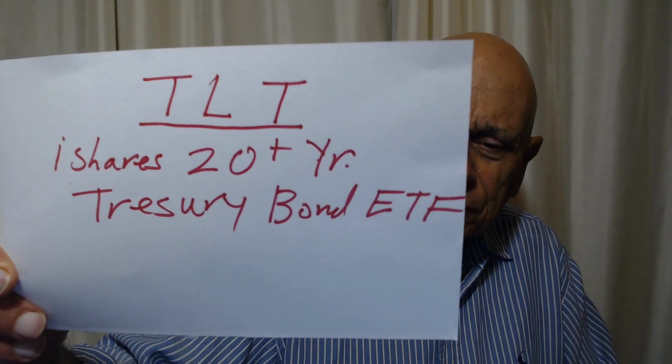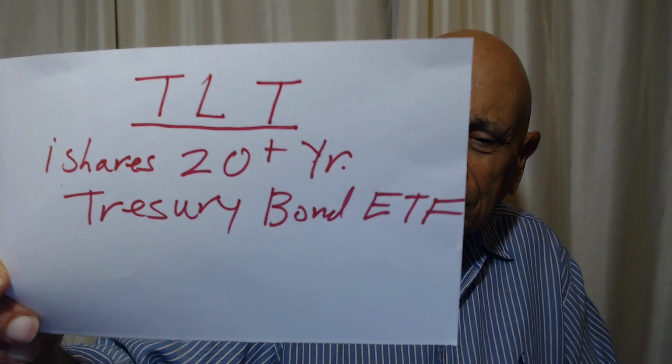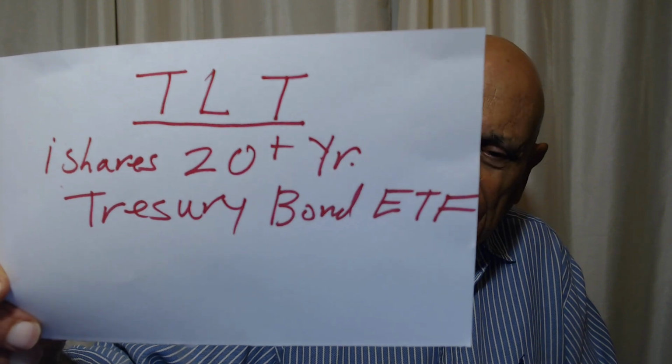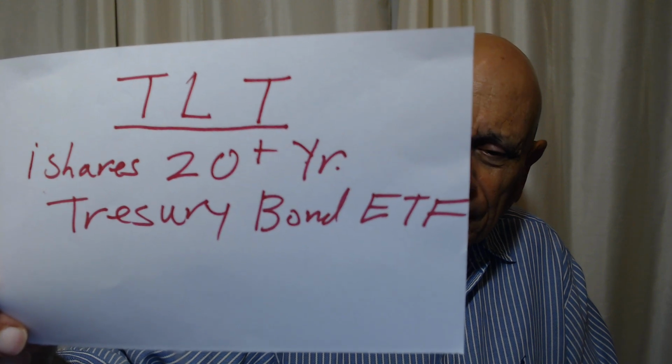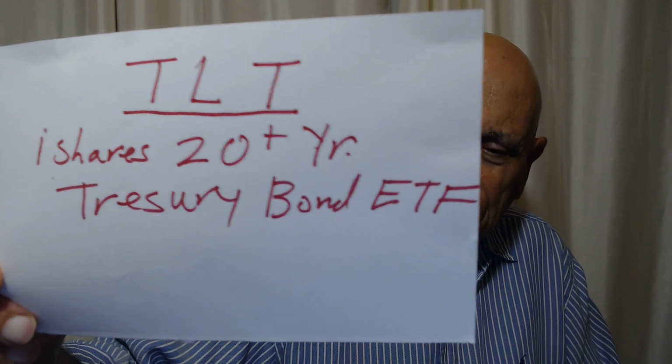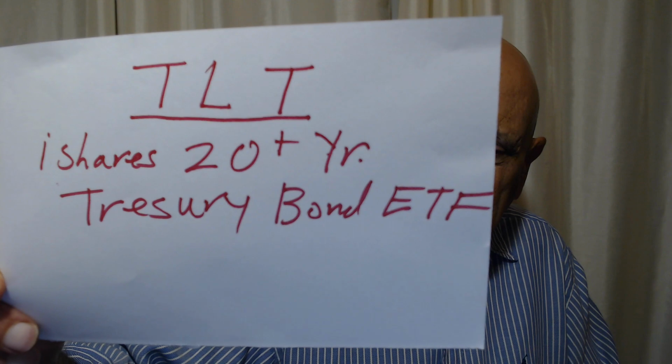And what I'm going to be using for a demonstration is the TLT, Treasury Long-Term ETF. It's the iShares 20-year plus Treasury Bond ETF. You could look it up on your stockbroker's site, or any site you want. It has a management fee of 0.15 of 1%, which is pretty small.